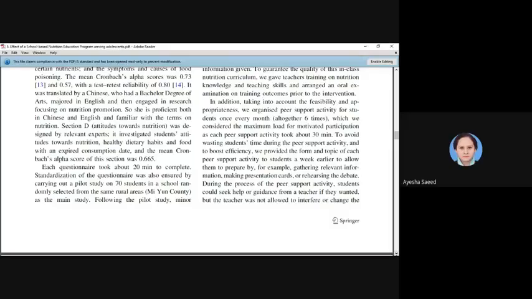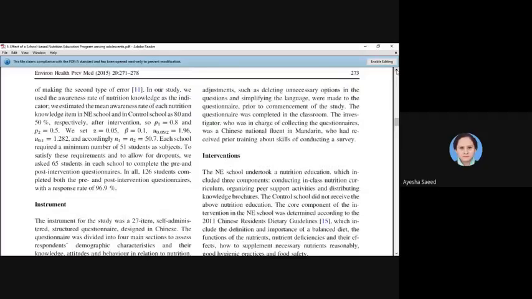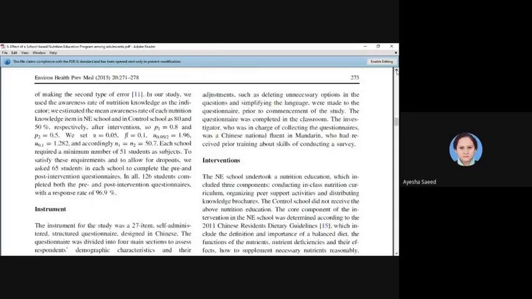Standardization of the questionnaire was also ensured by carrying out a pilot study on 70 students randomly selected from the same rural area. Following the pilot study, minor adjustments such as deleting unnecessary options in the questions and simplifying the language were made to the questionnaire prior to commencement of the study.